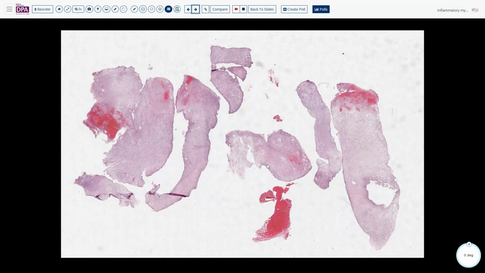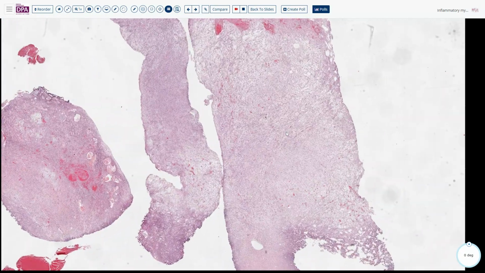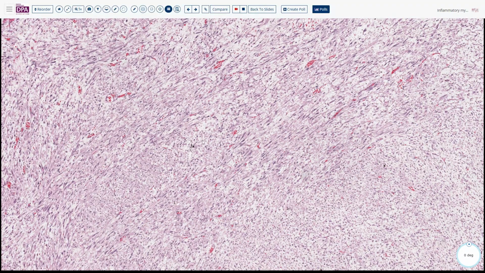Let me show you some virtual slide examples. So low power, we know we have some hypocellular area and hypercellular area. In the hypocellular area, we have this edematous myxoid stroma. We can see spindle cell proliferation.